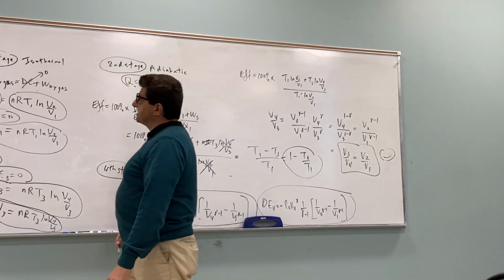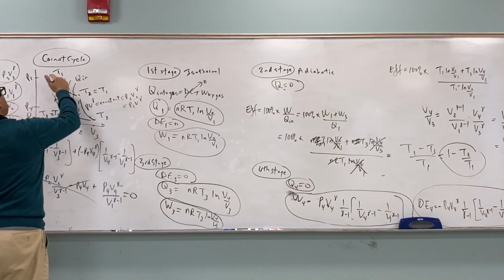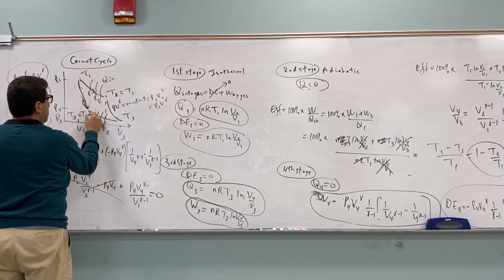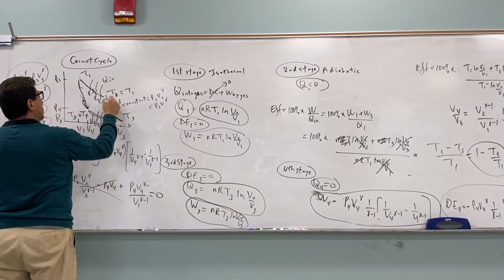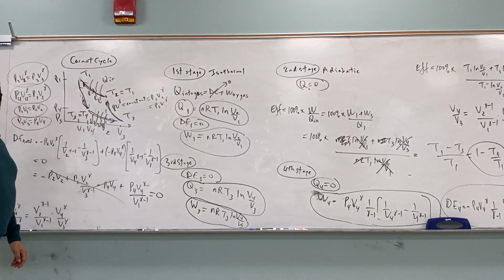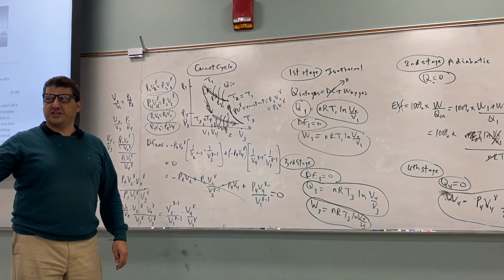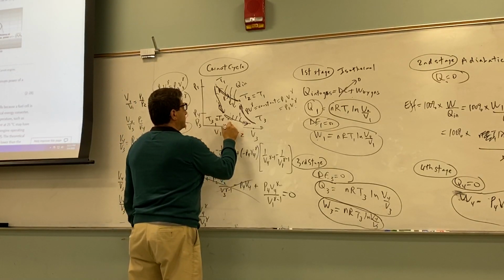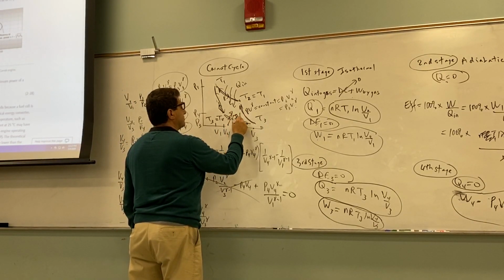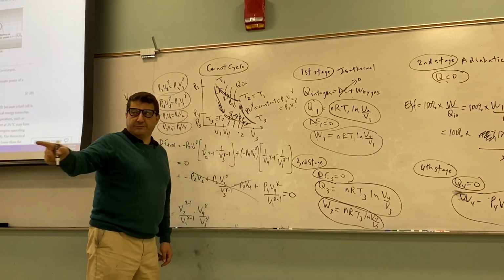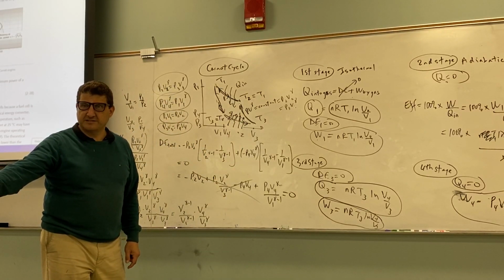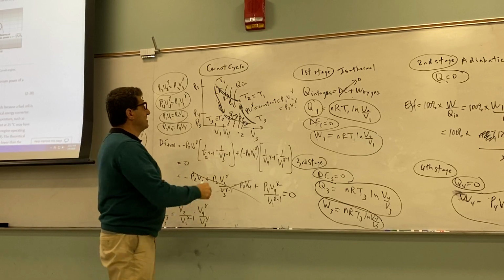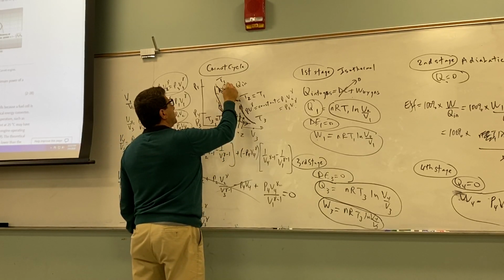Now, if we ran this cycle backwards, you go down, you go this way, this way, this way, it turns into an AC or a heat pump. So you extract heat from the cold reservoir, you put in the net work, and then you dump heat to the hot reservoir.